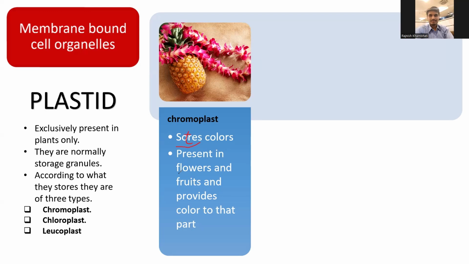They are present in flowers and fruits because you see the flowers are colorful, fruits are having some colors because of the presence of chromoplast. Chromo means color. So when they store the color, it's called chromoplast.